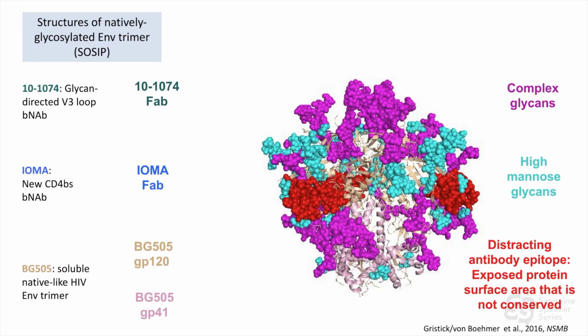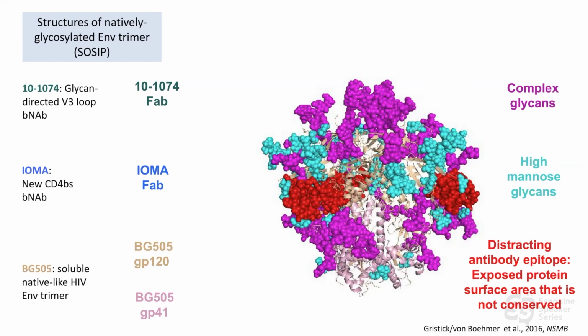This is a part of the antigen that has exposed protein surface area that's not conserved from one strain to another. So you'll get a neutralizing antibody, but it will be strain specific, and that's just not useful. This is a big problem for HIV, somewhat of a problem for influenza, not as much of a problem for coronaviruses, I have to say.